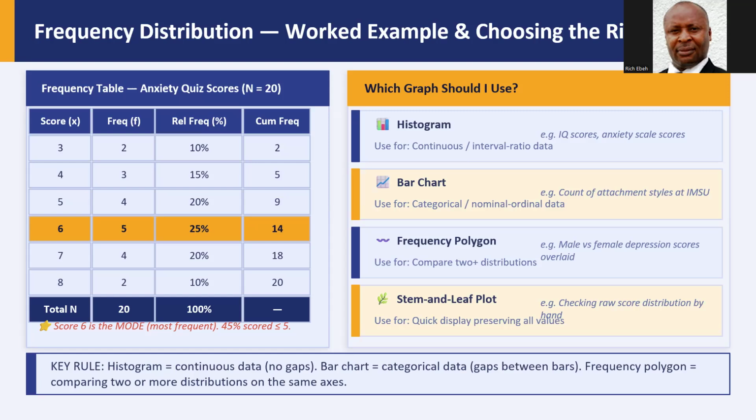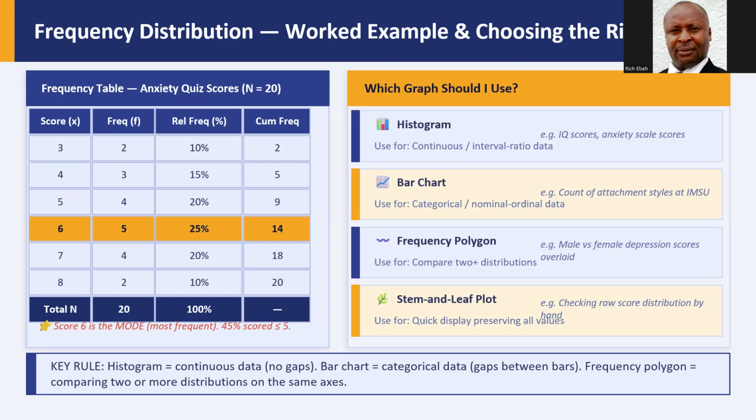Graphs. A frequency distribution table is excellent, but a well-drawn graph communicates patterns even more rapidly. It is easier to understand data when they are presented in graphs.